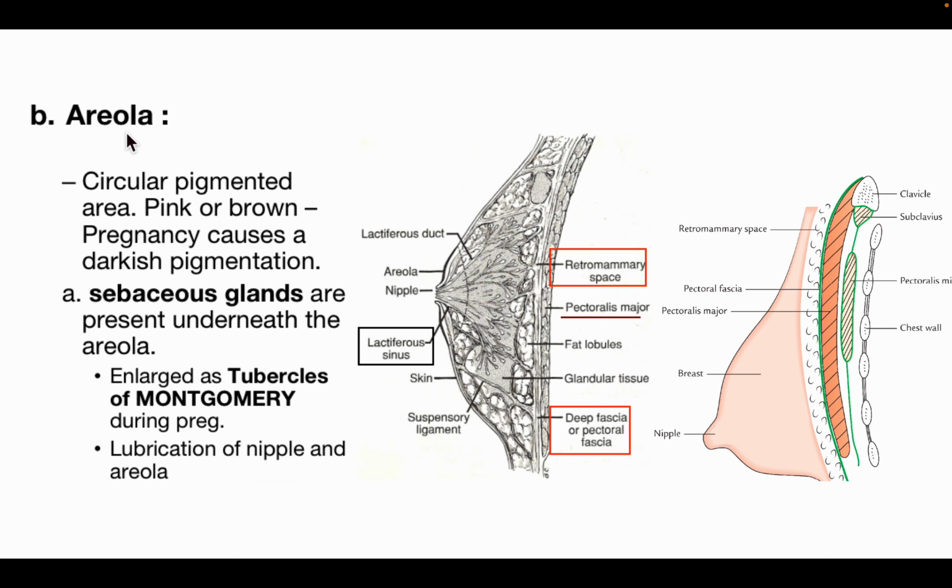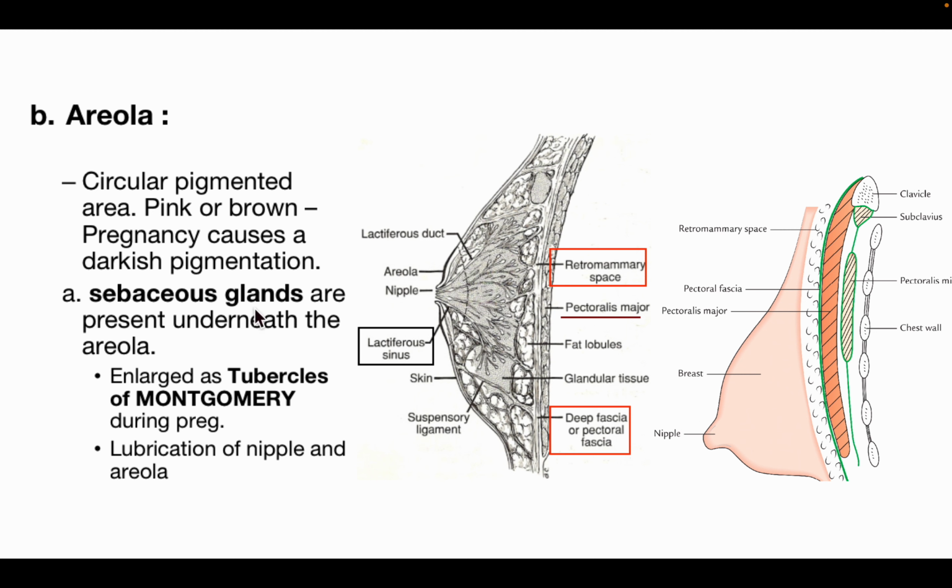Now there is a term known as the areolar area. It is a circular pigmented area which can be pink or brown in color. The darkish pigmentation increases during pregnancy and lactation. There is a presence of sebaceous glands deep to the areola, and they are enlarged as the tubercles of Montgomery.